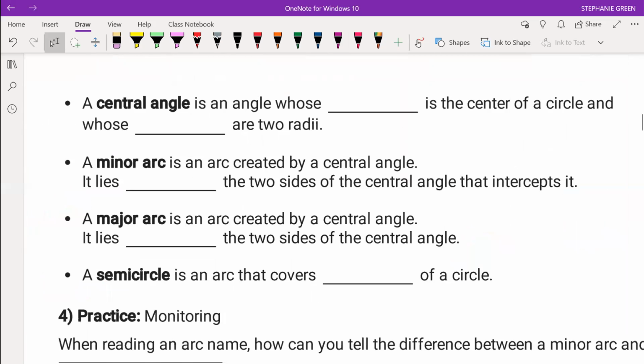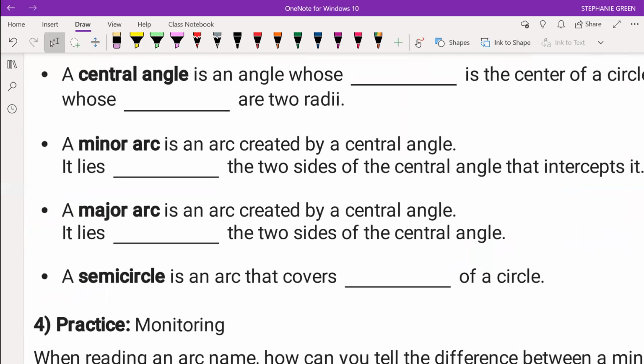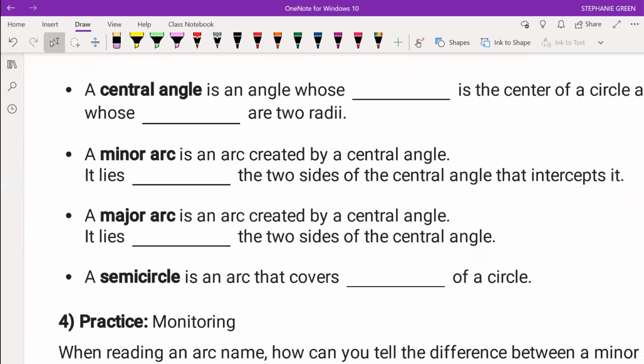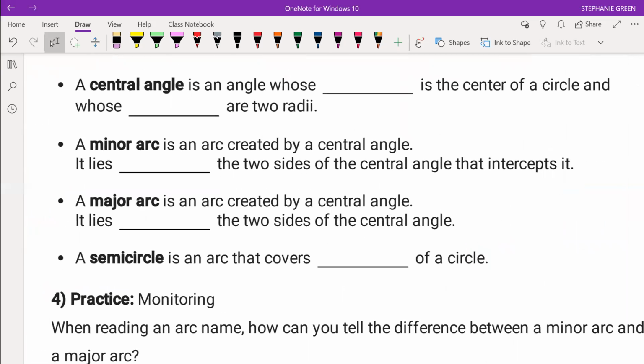Okay, so there are four very important terms that we're going to talk about in this section. The first is a central angle. A central angle is an angle whose vertex is the center of a circle and whose sides are two radii. And again, you can pause this if you're writing this by hand. Give yourself some extra time to write this down.